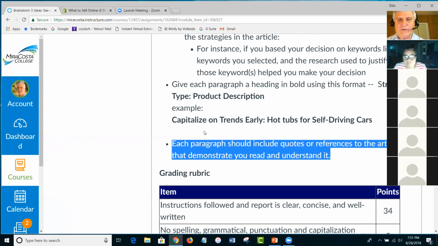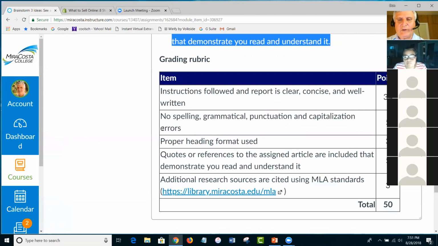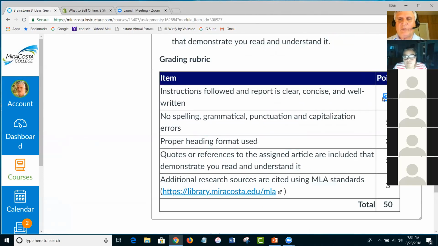And for that, it'll be a total of 50 points. So 34 points for the actual report, the 3-paragraph report, as long as you follow the instructions and it's clear, concise, and well written. Then you'll get 5 points for no spelling, grammatical, punctuation, and capitalization errors, and you get 3 points for using the right heading, and then another 5 points by using quotes or references for the article.